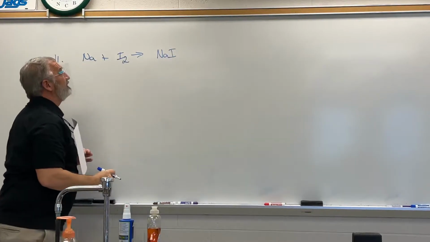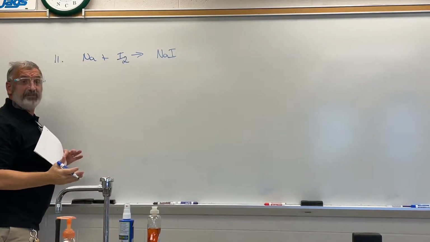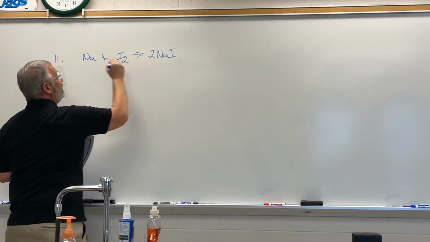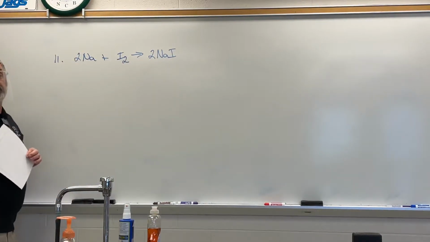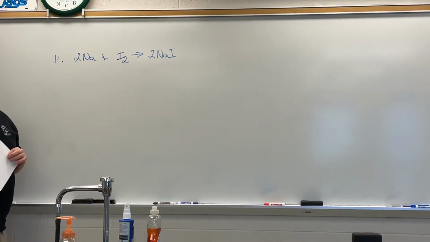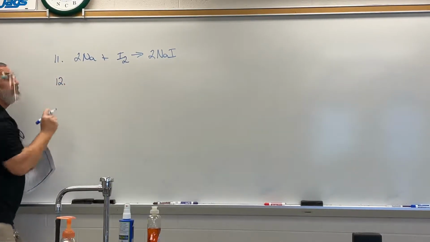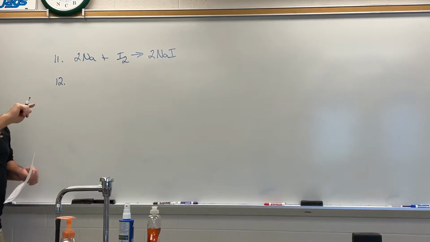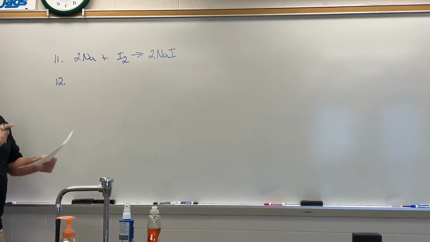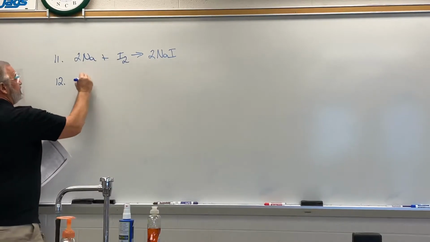Now I have to balance atoms with coefficients. So I put a 2 there and a 2 there. So balance charge first. The subscripts don't automatically carry over. Calcium plus oxygen.